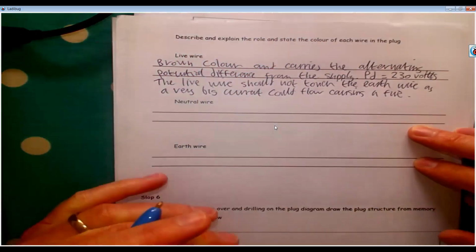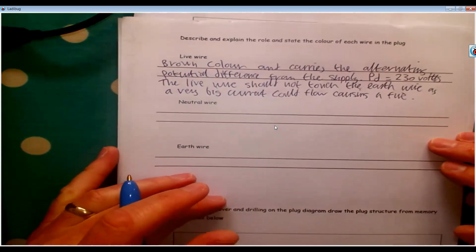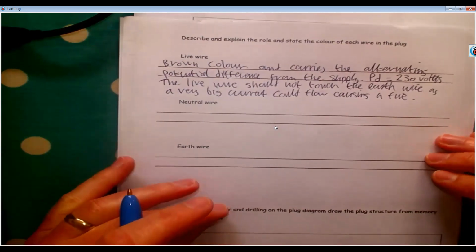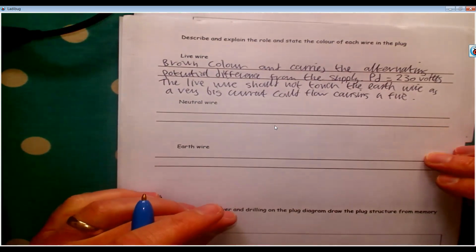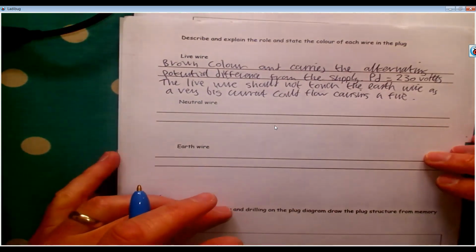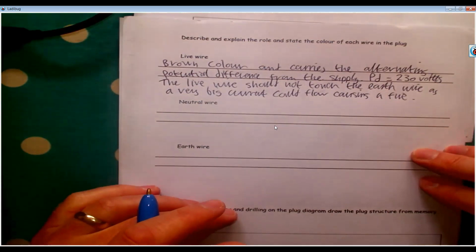And sometimes that happens if we have loose wires or badly fitted plugs, or wires become frayed or loose over time. Sometimes that happens and causes an electrical fire.